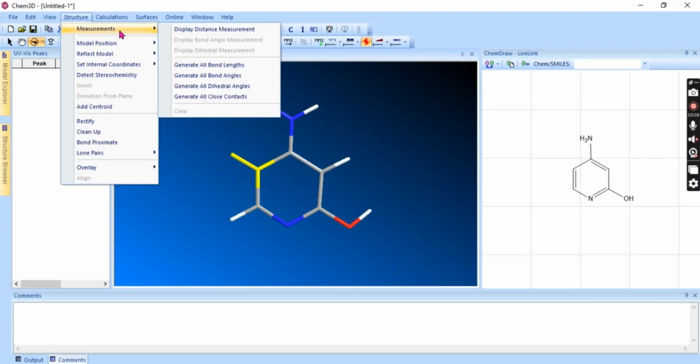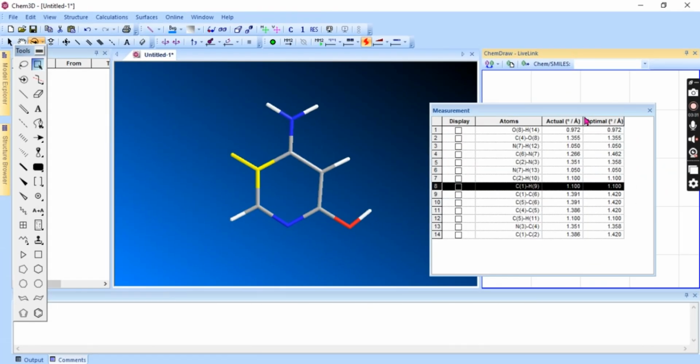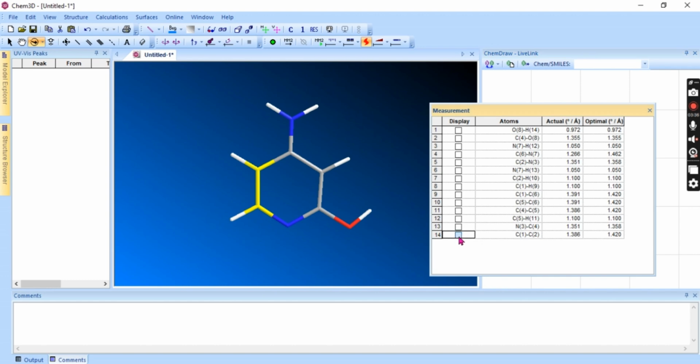There are different bond lengths. First of all, we check carbon to carbon, and it's 1.4, and nitrogen to carbon, it is also 1.1. Carbon to hydrogen is 1.1, and carbon to carbon is 1.4.